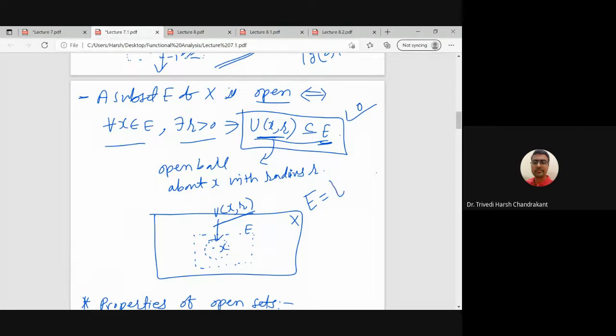open set is basically a union of U(x, r). So this is a basis. If you consider topology, this is a basis, right? If you take the set of real numbers, then this is nothing but the neighborhood, and a neighborhood means it is an interval.